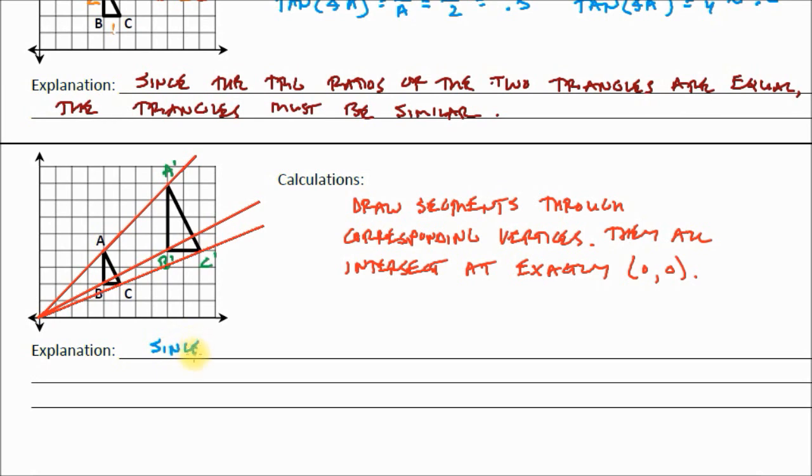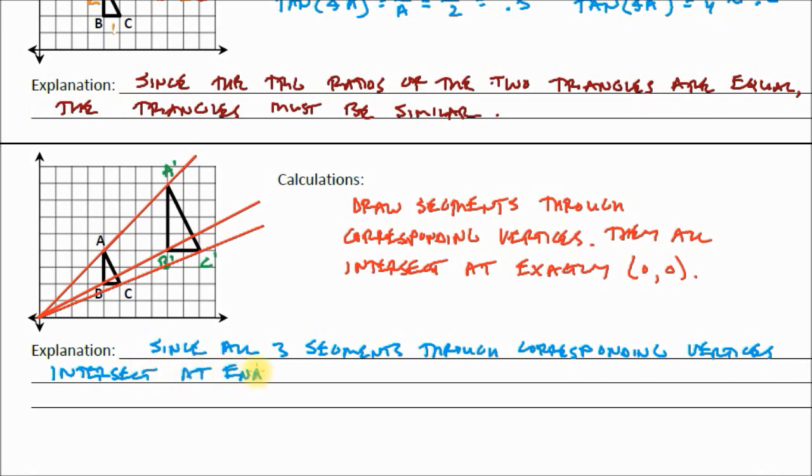So our explanation is, since all three segments through corresponding vertices intersect at exactly one point, I'm going to just put 1.00.